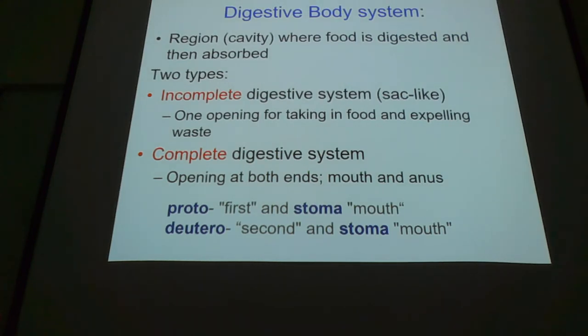A complete digestive system has 2 openings, okay? A mouth and an anus, for food to go in and waste to go out. And then you can be a protostome or deuterostome depending on whether the blastopore became the mouth or not. So this is also very important, and as we go through the phyla of animals, I will tell you these animals have an incomplete digestive system.